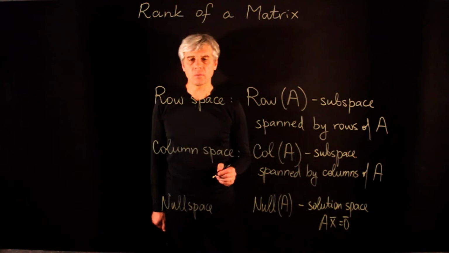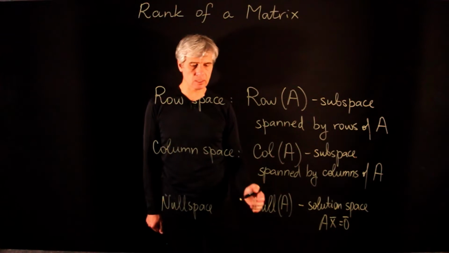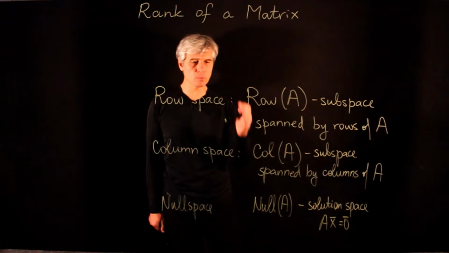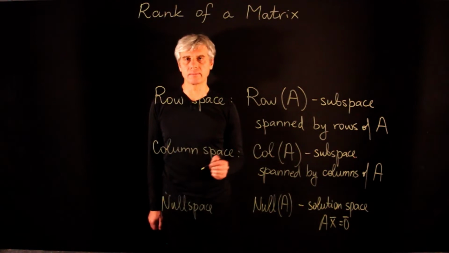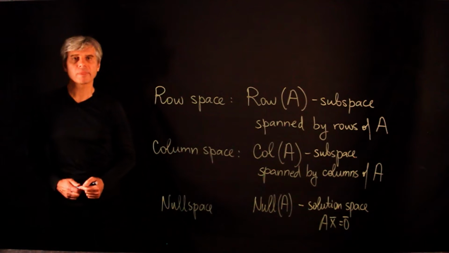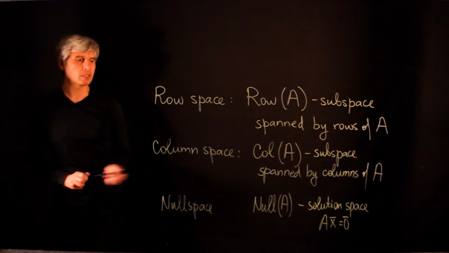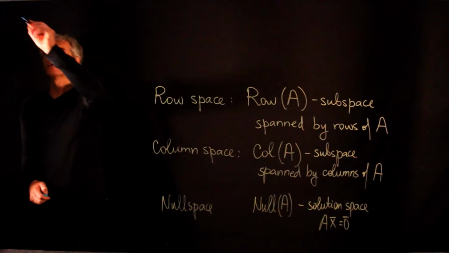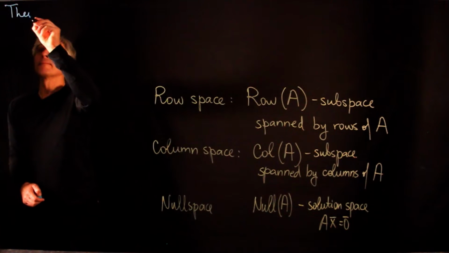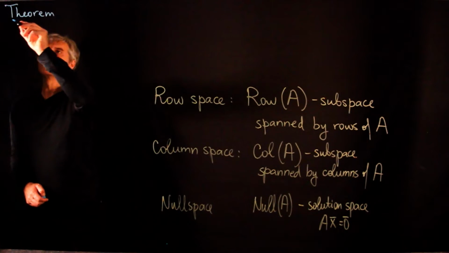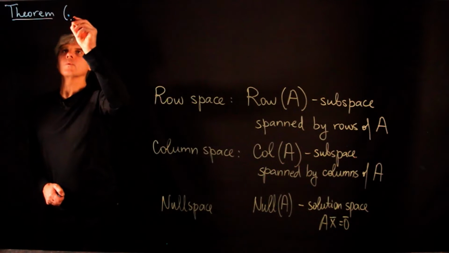So today we're going to discuss these spaces and connections between them in more detail. We begin with the following theorem that tells us how elementary row operations affect each of these subspaces. Theorem. 1.